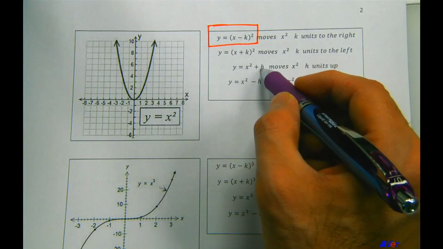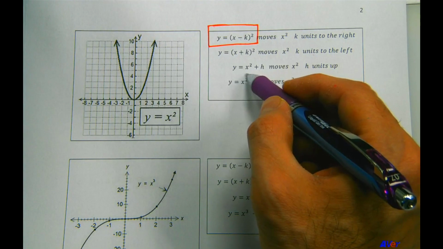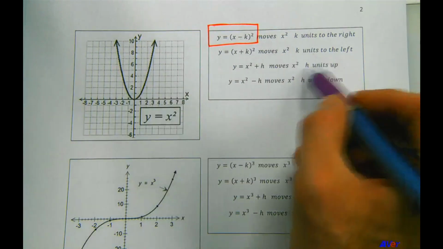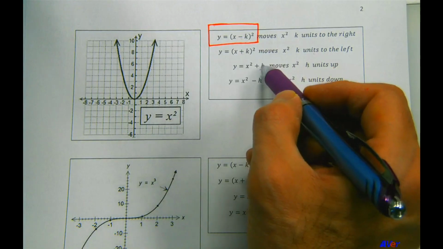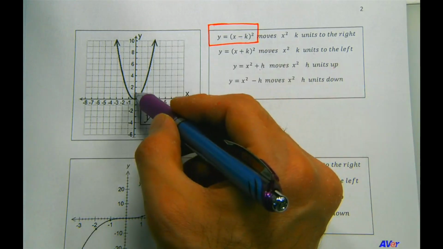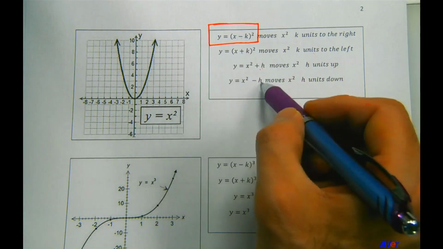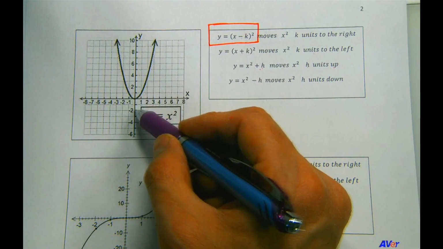If an h is added to the original x squared function, then the graph of the quadratic function moves h units up. So if this is x squared plus 2, then this vertex moves 1, 2 units up. If it's x squared minus 2, this vertex moves 1, 2 units down.